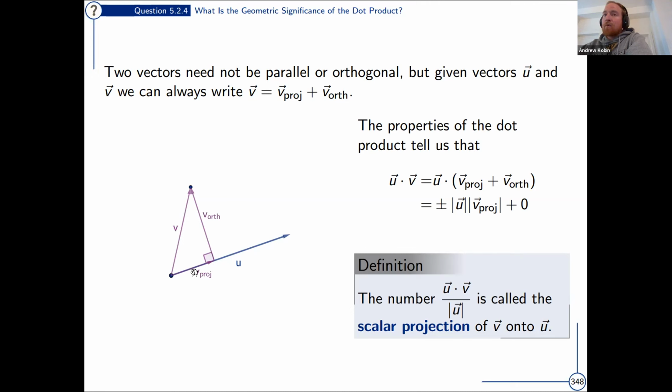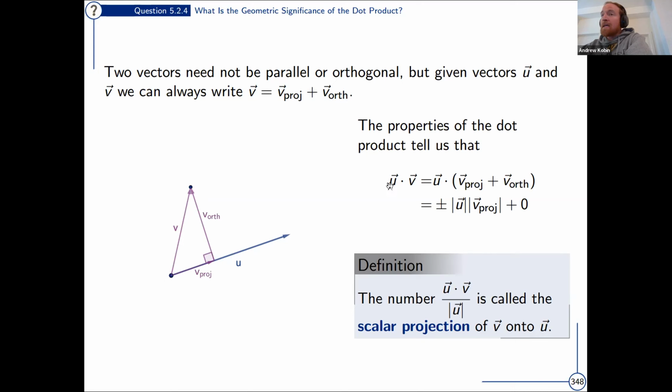The names for these two legs, by the way, are the projection of v onto u and the orthogonal projection of v off of u, or with respect to u. These are technical names for these two vectors, but geometrically it's pretty easy just to draw a triangle like this and draw these two vectors this way. Now the hard part becomes when we want to compute the actual coordinates of these vectors as displacement vectors, but we'll see ways of doing that in the future.